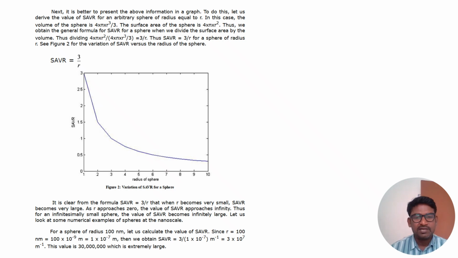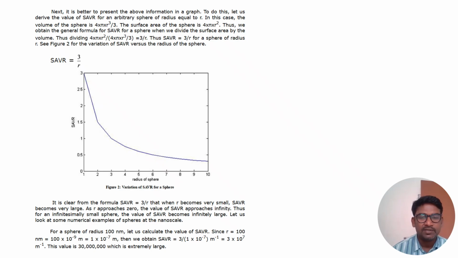It is very clear from the formula, surface area to volume ratio equal to 3/R, that when R becomes very small, the ratio becomes very large. As R approaches 0, the surface area to volume ratio approaches infinity. Thus, for an infinitely small sphere, the surface area to volume ratio becomes infinitely large.